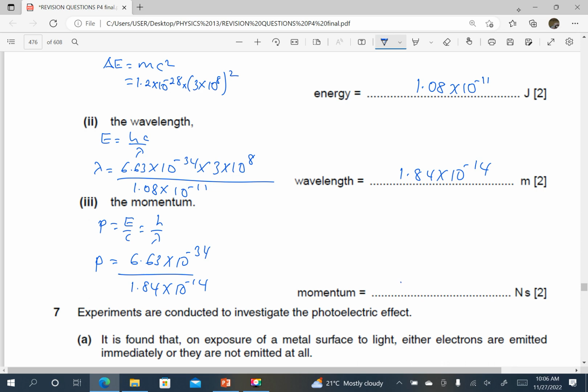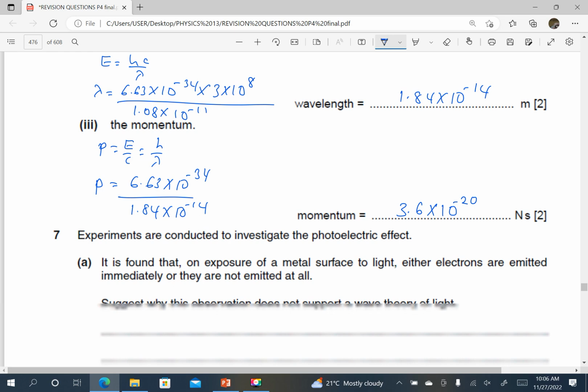So this is going to give me 3.6 times 10 power negative 20 as the momentum. You can also verify with your calculator.